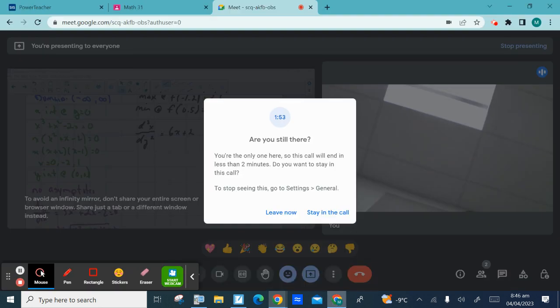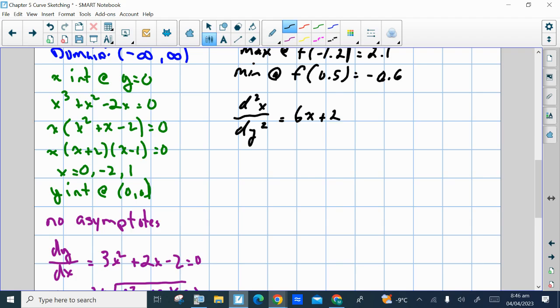It's the second derivative. The critical number for that will be where that equals 0, where 6x equals negative 2, and x equals negative 2 over 6, or negative 1/3.